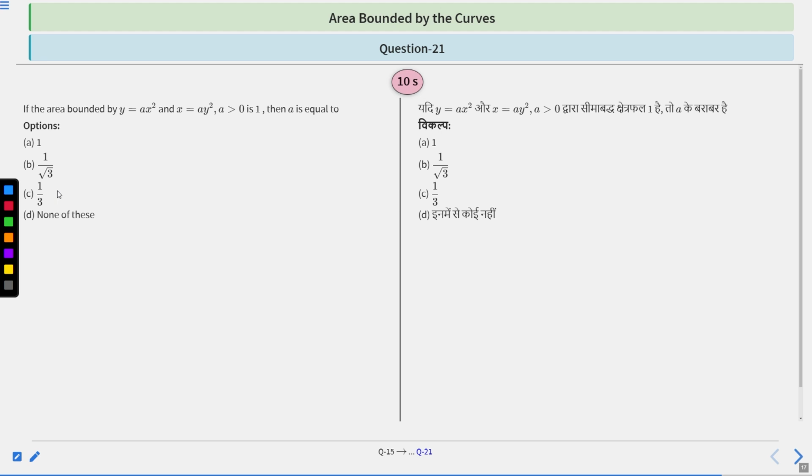So first we will try to equate these two equations to get the points of intersection, and after that we will integrate with respect to the respective intervals in which they are intersecting. The answer of integration will be in terms of a, and after that we'll equate that with 1 to get the value of a. So in this way, you try to approach this question. You have 10 seconds to solve or think about this question. After 10 seconds, we will discuss the solution.